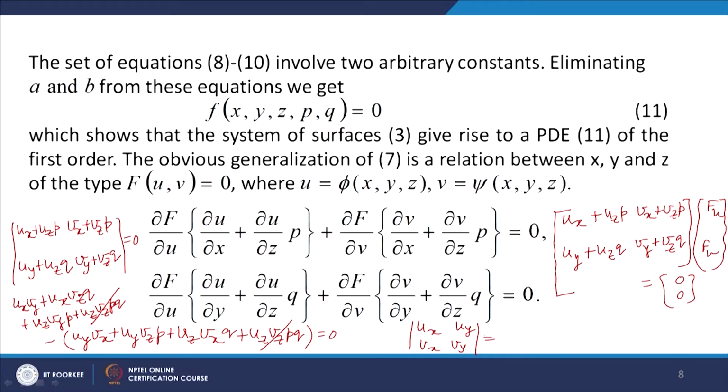Let me write it on the right side. The coefficient of p will be uy bz minus uz by, and the coefficient of q will be uz bx minus ux bz.